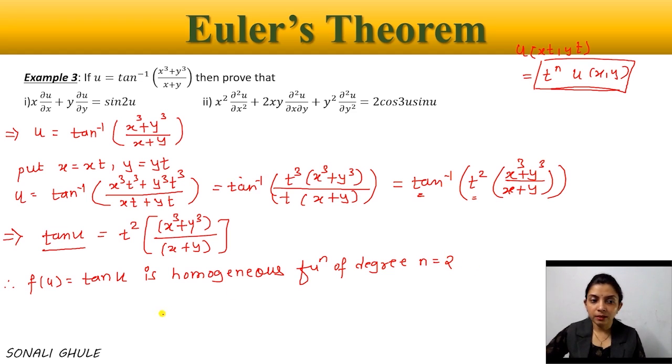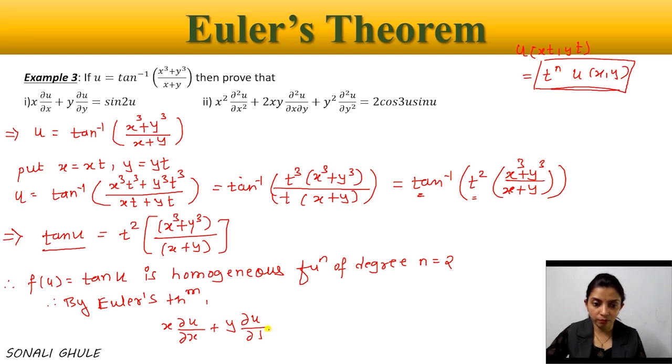Okay? Now tan u is homogeneous, means f of u is homogeneous, and when f of u is homogeneous, we have the first order relation. Therefore, by Euler's theorem, the first order relation: x into dou u by dou x plus y into dou u by dou y is equal to n into f of u upon f dash of u.